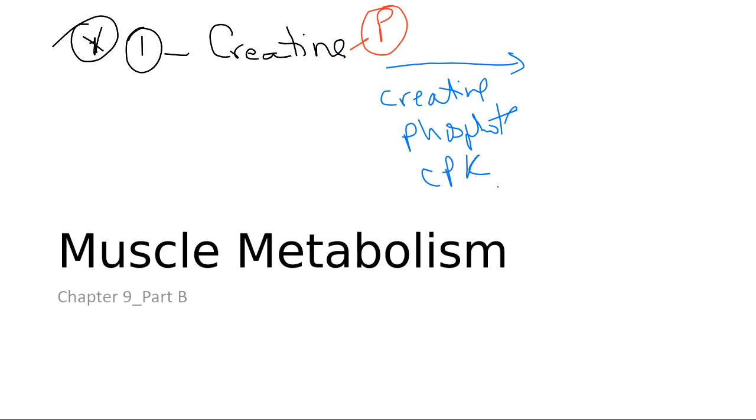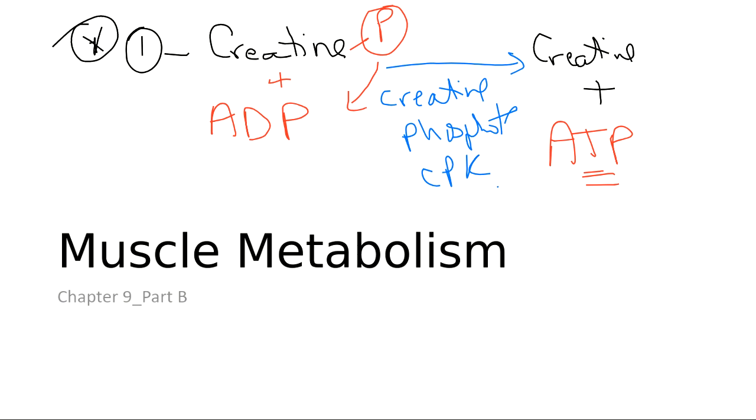So ADP, creatine phosphate is going to remove that phosphorus and give it to ADP, so that at the end of the reaction we'll have creatine without phosphorus, and now we're going to have ATP because that phosphorus was given to ADP.